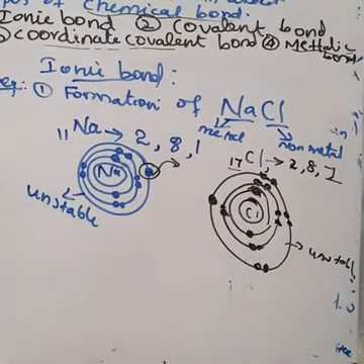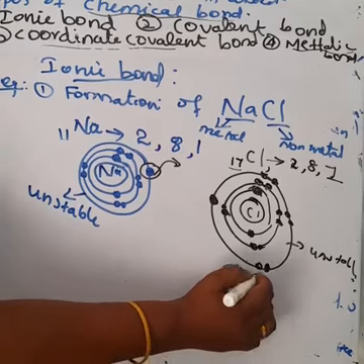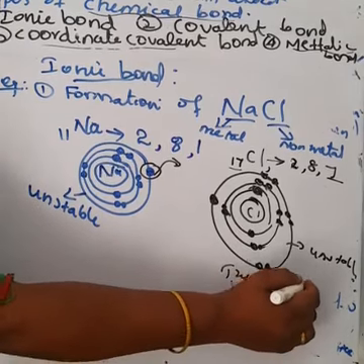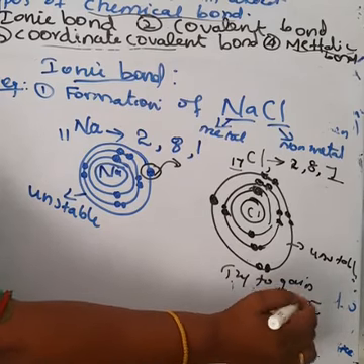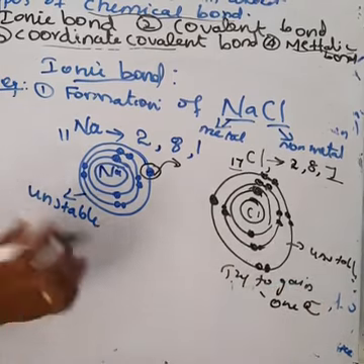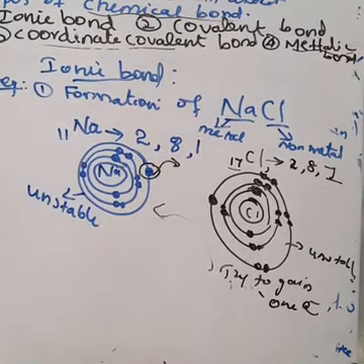So it always tries to gain 1 electron from any other atom to get the stable configuration.